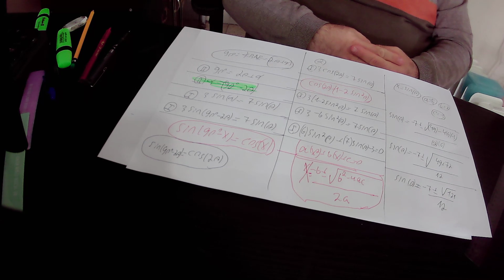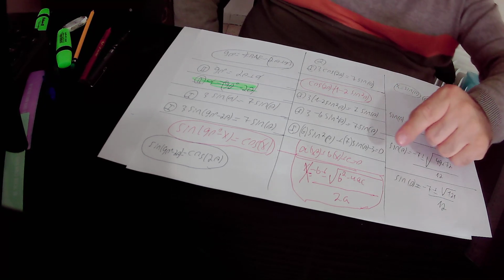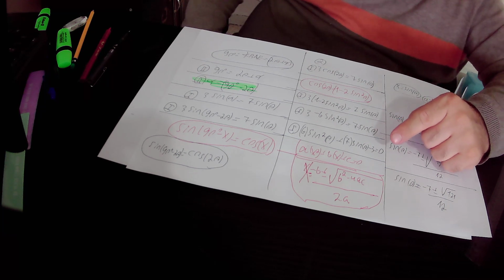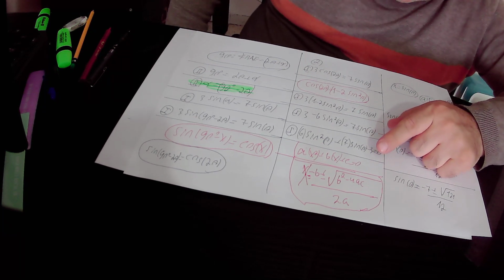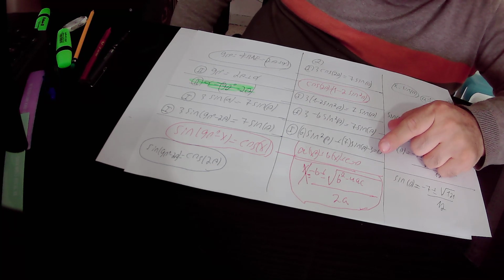And the general formula for a quadratic equation is ax squared plus bx plus c equals 0, where a, b, and c are the coefficients of this quadratic equation, and x is the variable that we are looking for.